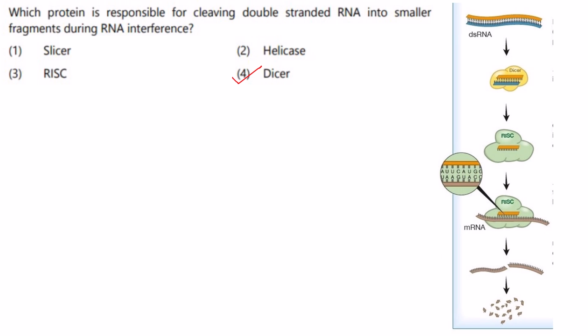RISC, it is a complex which is involved in mRNA degradation. And slicer, it is an activity that is an inherent ability of the Argonaute family members to cleave the target mRNA molecule. Okay, so the answer is dicer.